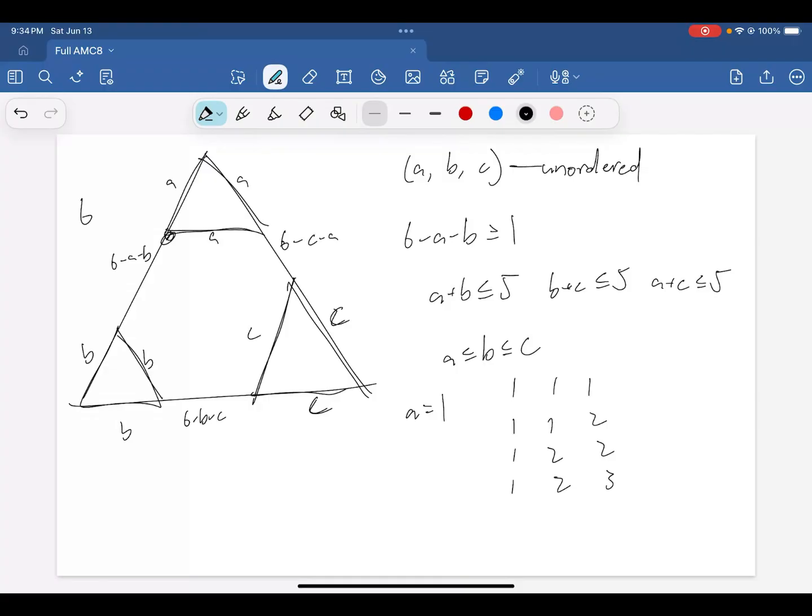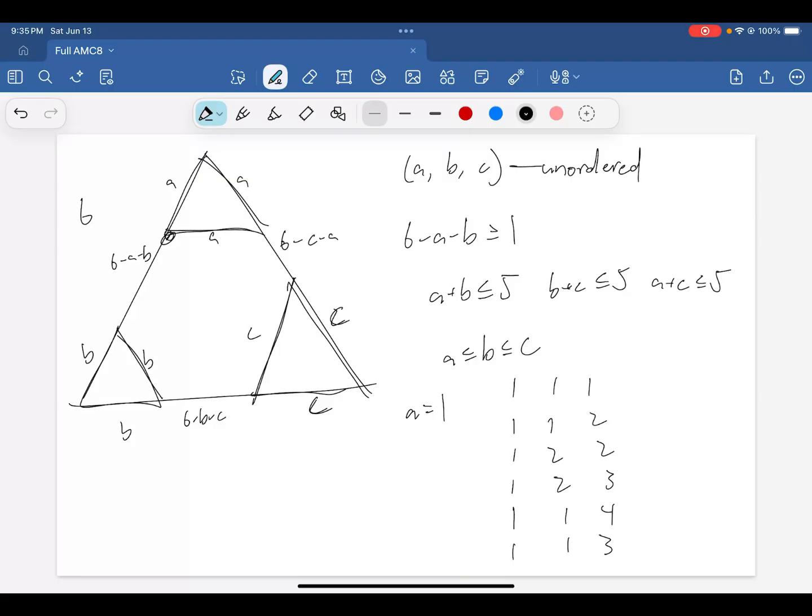So, for example, 1, 3, 3 would not work because 3 plus 3 is greater than 5. 1, 1, 4 also works. Oh, I missed 1, 1, 3. I believe that is all.